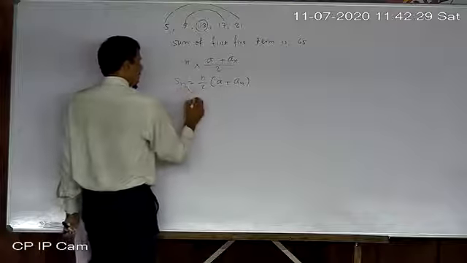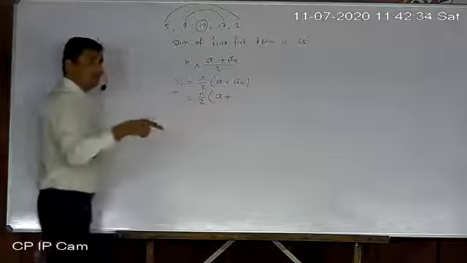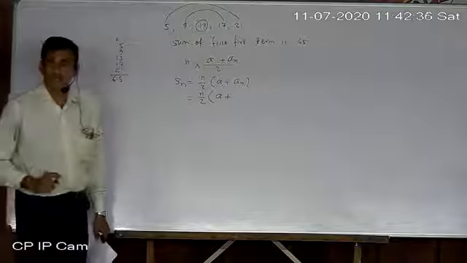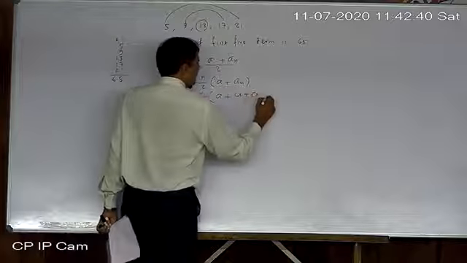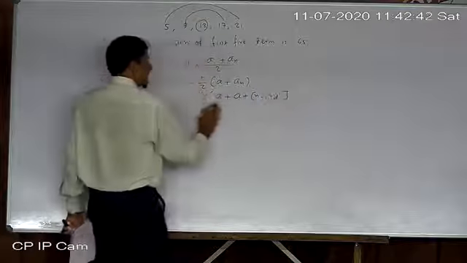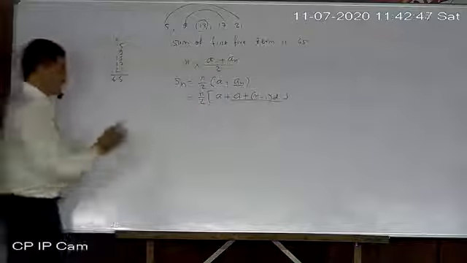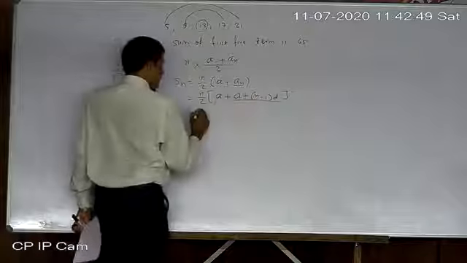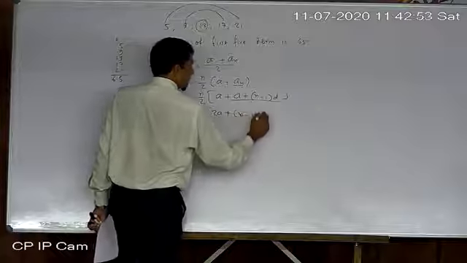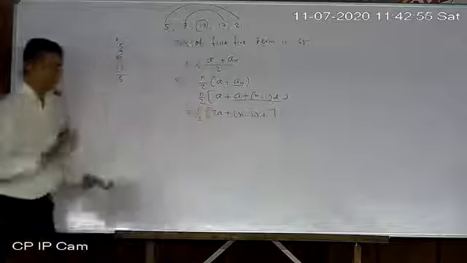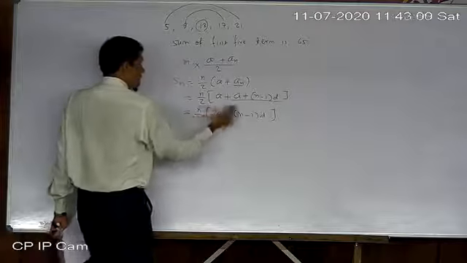And if I want to go ahead, then I can write here the formula we already used in 5.2. So can I use a plus n minus 1 d here, instead of an? I have written this. Now can I simplify here: n by 2 times 2a plus n minus 1 d? So that is another formula.